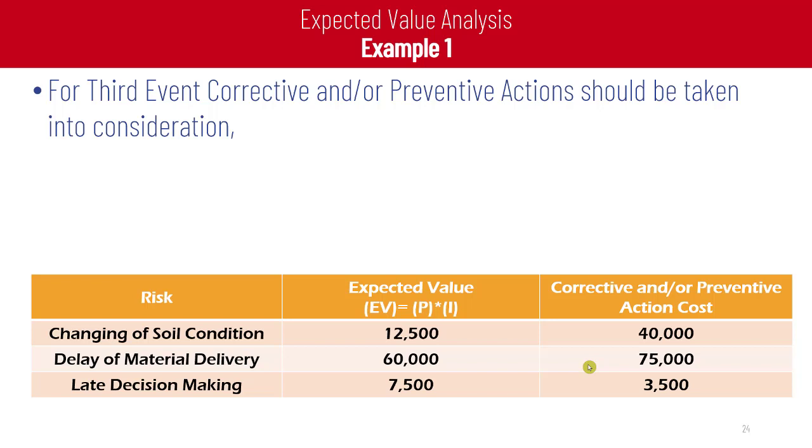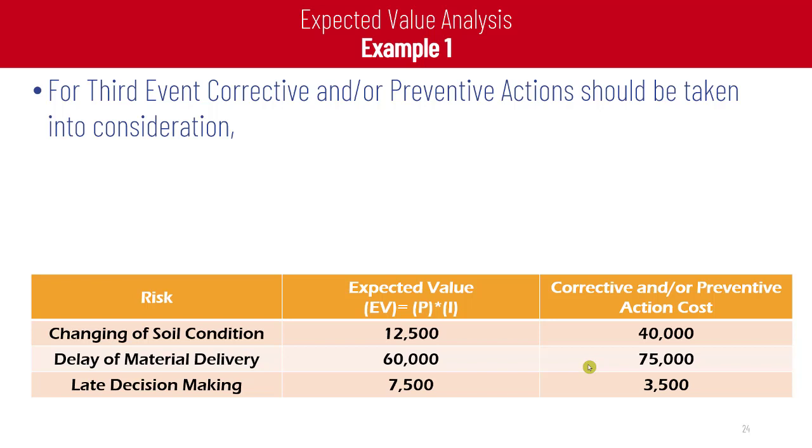We do our calculation for the corrective action, and we end up with this: to eliminate the first risk, we have to pay 40,000 for corrective action. If we decide to eliminate the second risk, we need to pay 75,000 for the corrective or preventive action. If we need to eliminate the third one, we will have to pay 3,500 to correct or prevent it.